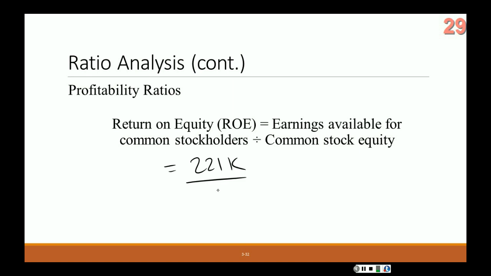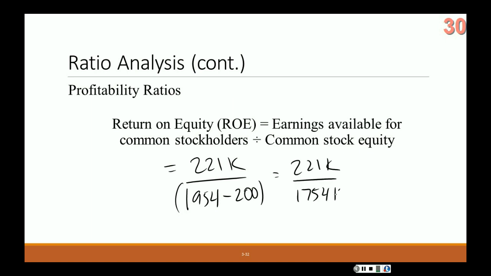And we divide that by common stockholders' equity. And that's calculated as total shareholders' equity minus the preferred stock, so 200. That's 221,000 over 1,754, and that's 12.6%.